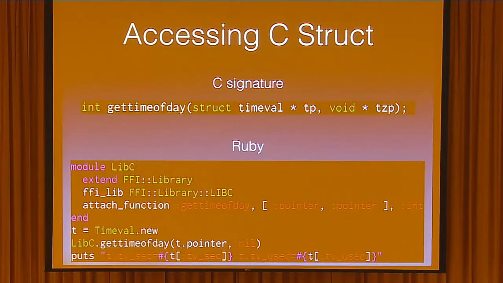For using the struct, you just pass it as a pointer, or you can pass it as a type. Here we want to extract the result using a pointer. So we pass the timeval object we just created into the C function, which accepts the pointer of the timeval struct. And after we call the C function, it outputs the timeval for us.